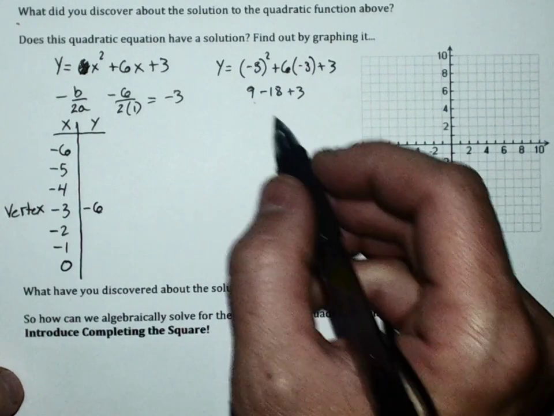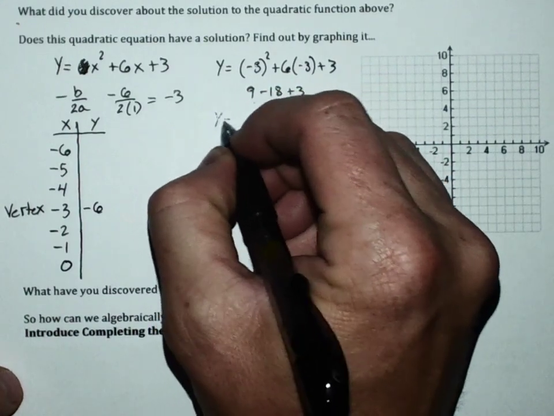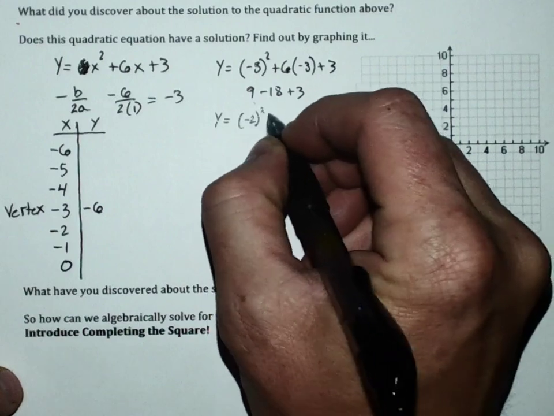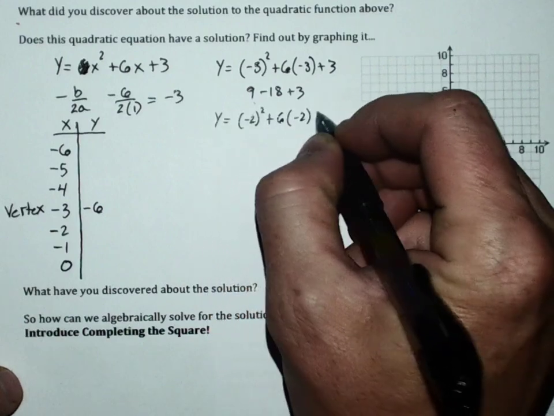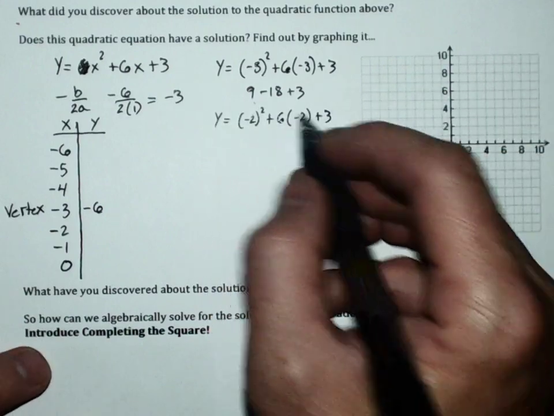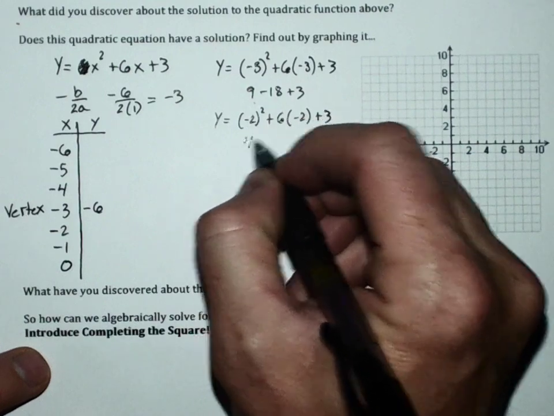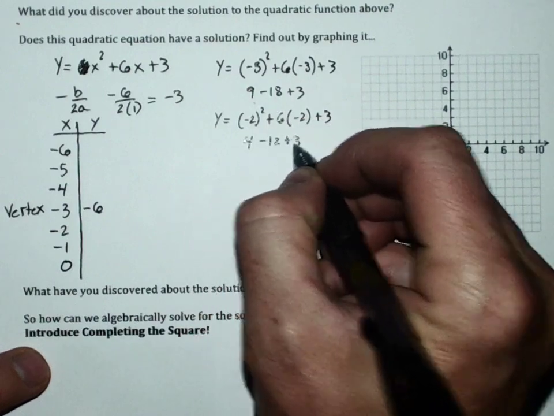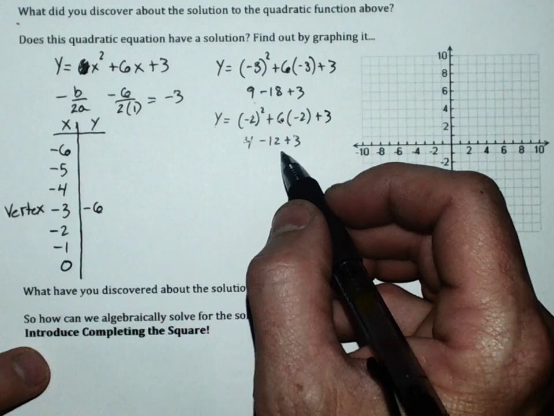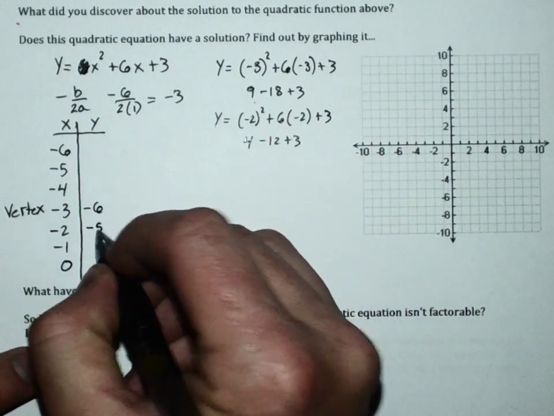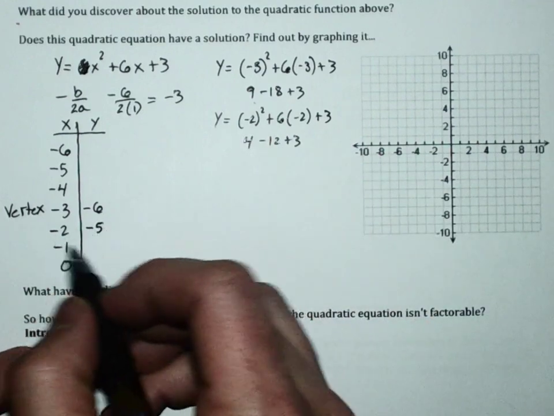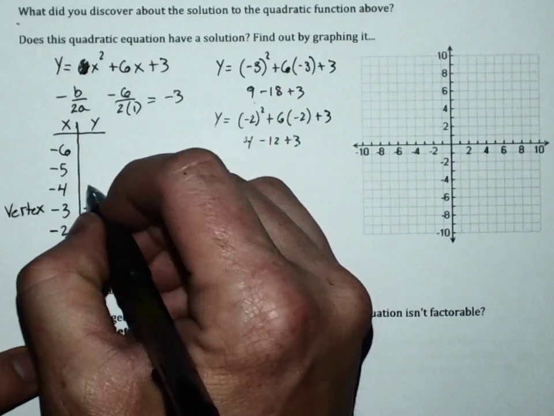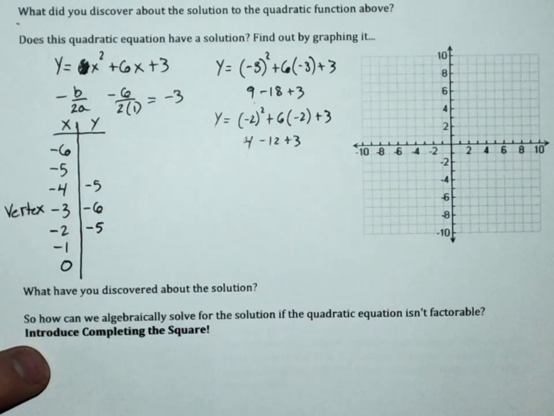Now we're going to plug in negative 2. Y equals negative 2 quantity squared plus 6 times negative 2 plus 3. Negative 2 squared is 4 minus 12 plus 3, which is negative 5. Since we're symmetric, since this is negative 5, negative 4 will also yield negative 5.